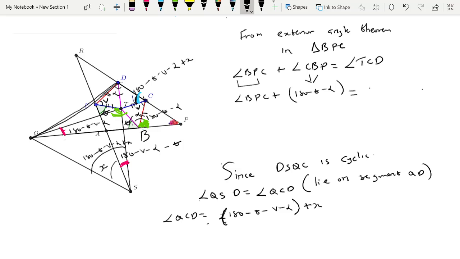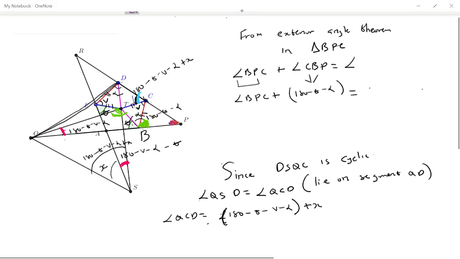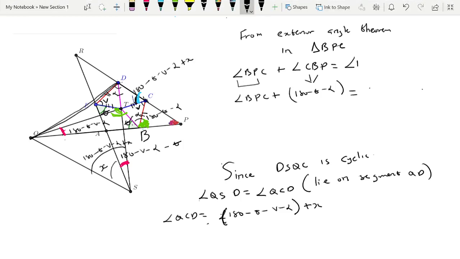Sorry, this is not actually TCD, there was an error there. It's actually BCD. This kind of thing actually happens, but it doesn't actually change anything.